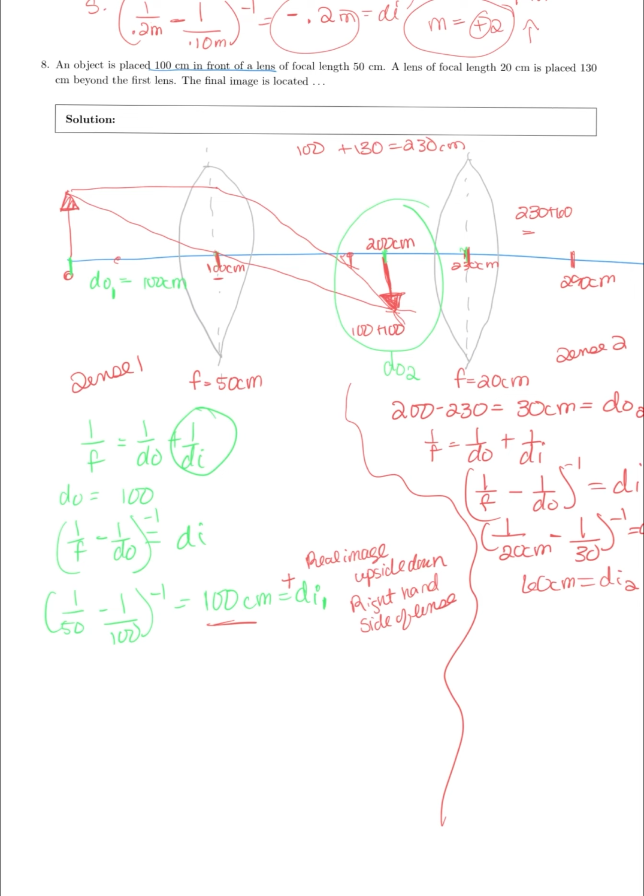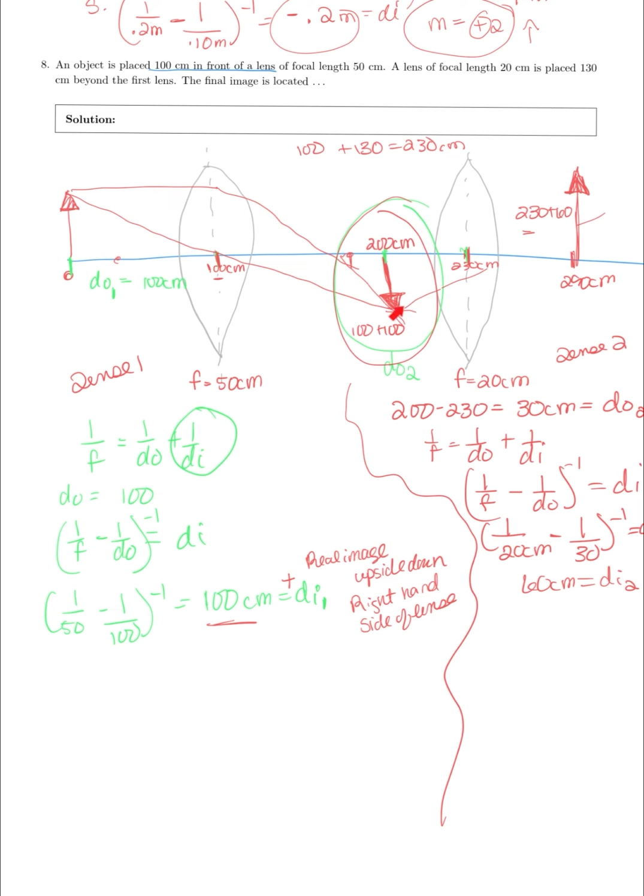And remember, he's going to be flopped now, right? Because he's essentially upside down with respect to the object. The image is going to be upside down with respect to the object. So he looks technically right side up, right? But when you're measuring right side up and upside down, you're measuring it in reference to the object.